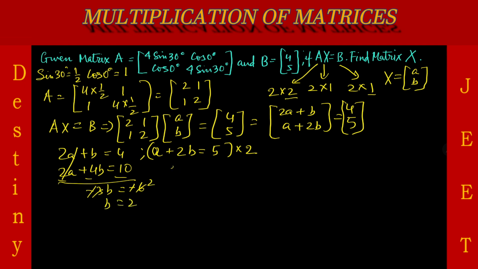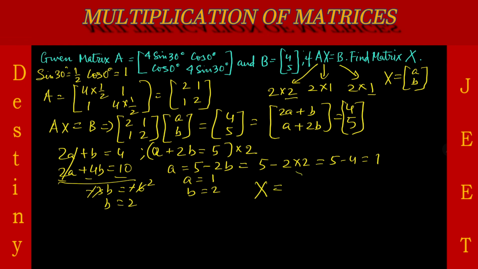Now we can put this value in this equation where we get 5 minus 2 into 2 gives you 5 minus 4 is equal to 1. Hence we get a is equal to 1 and b is equal to 2. Finally we get X is equal to a, b, which gives you 1, 2. Two things we come to know. We know the matrix now and also the order of the matrix X.